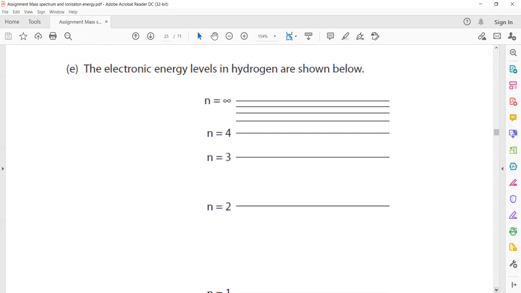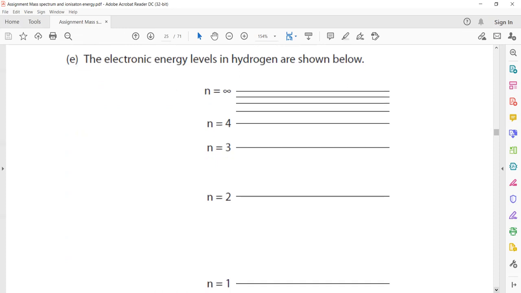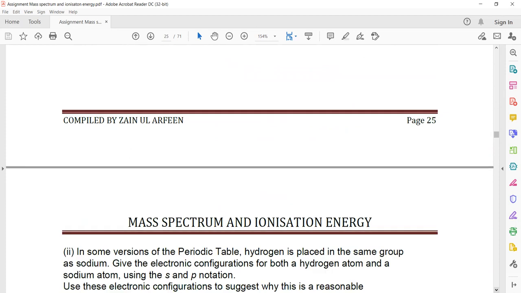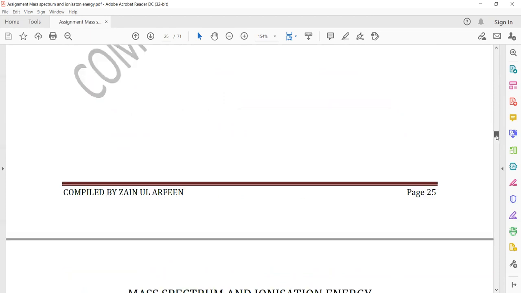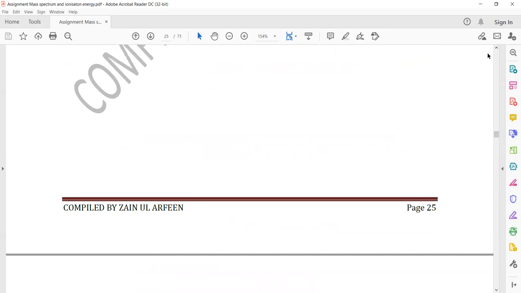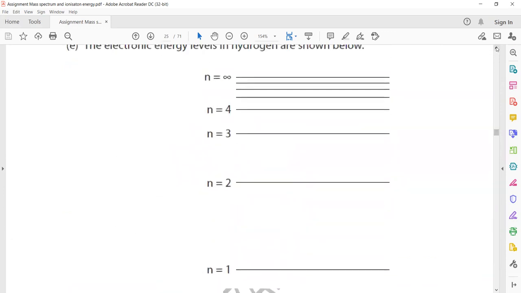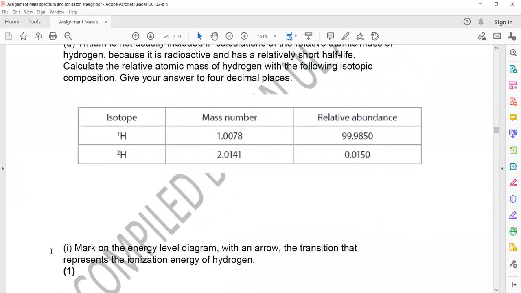The electronic energy level for hydrogen is shown. The first part was to mark on an energy level diagram the transition that represents ionization.